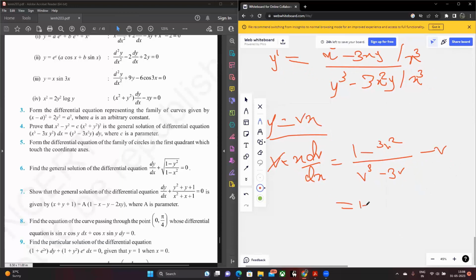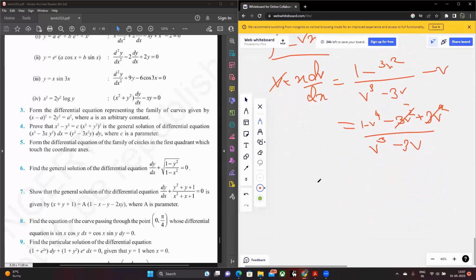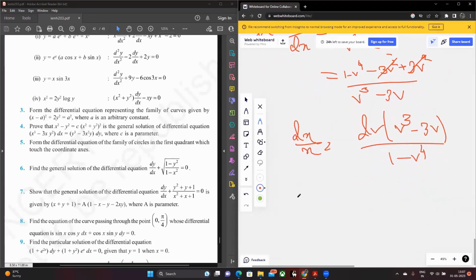And so you're going to have 1 minus v power 4 minus 3v squared plus 3v squared divided by v cubed minus 3v, which is basically 1 minus v power 4 by v cubed minus 3v. That is x dv by dx. And so you are going to have dx by x equaling dv into v cubed minus 3v divided by 1 minus v power 4.